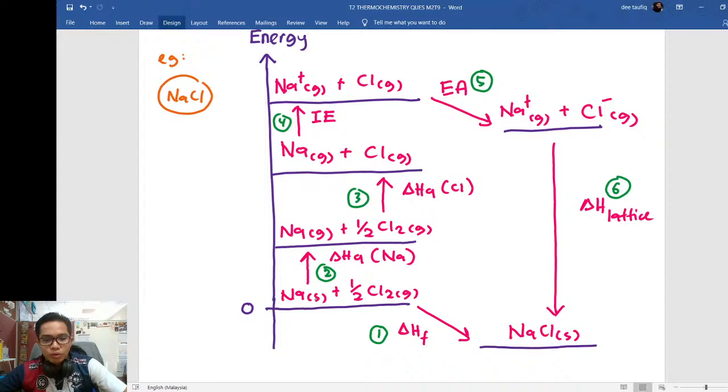Right. So from Na solid, we change into Na gas kat sini. Kemudian from Cl2, yang ini dia become Cl sahaja.